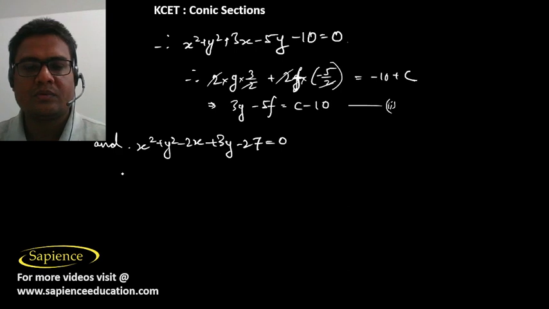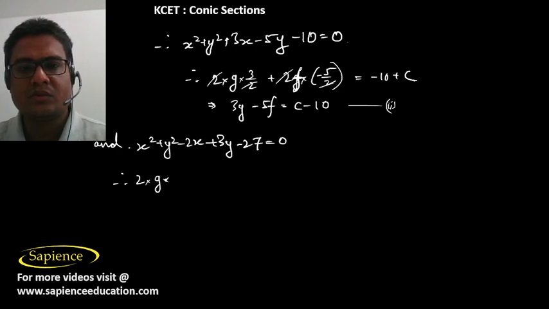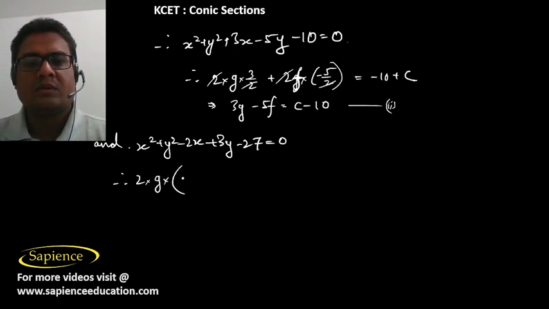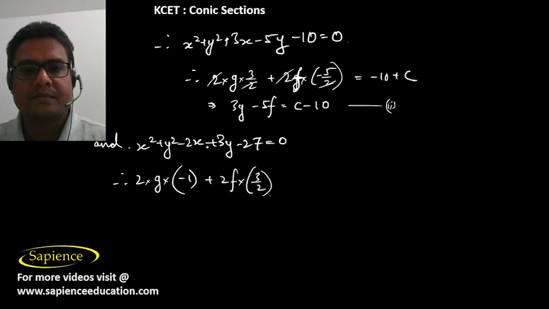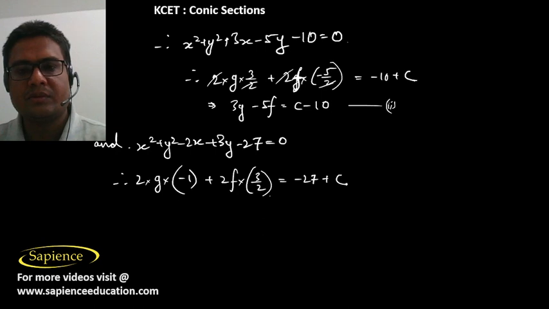So therefore we can say that 2 into g into minus 1 plus 2f into 3 by 2 is equal to minus 27 plus c.